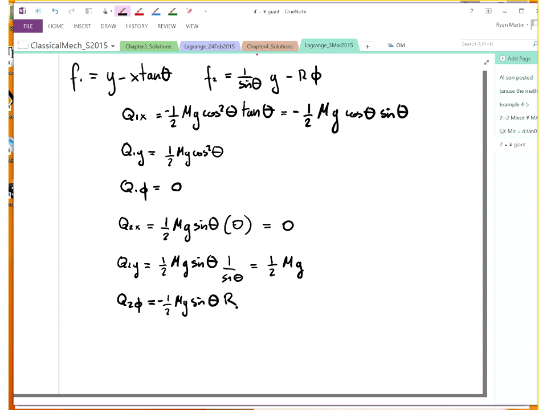So we end up with 6 of these generalized forces. And most of them are rather obscure.